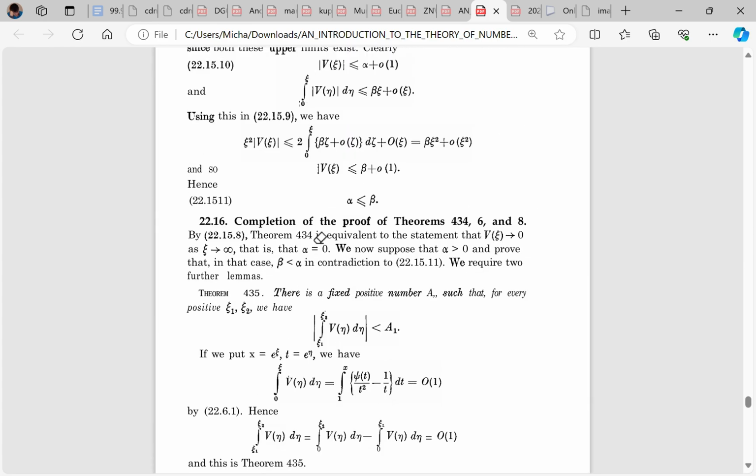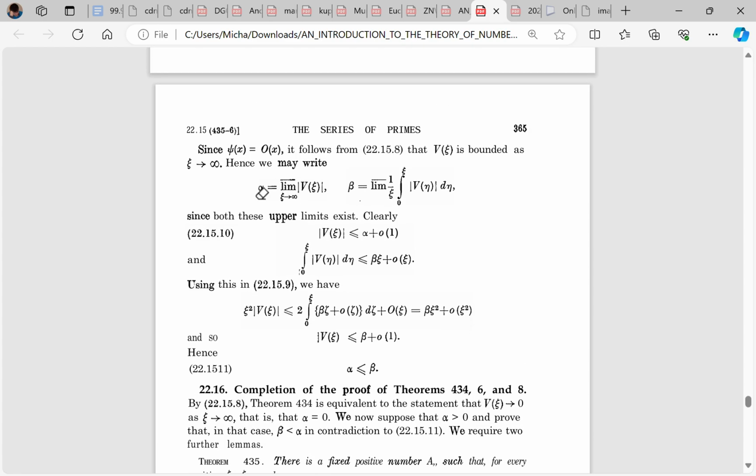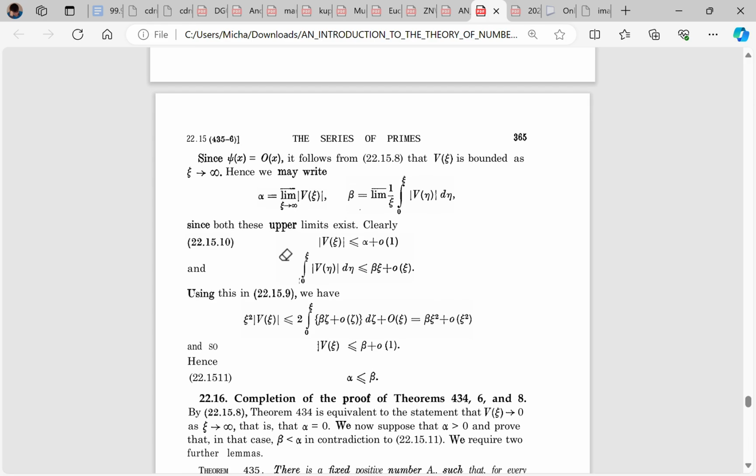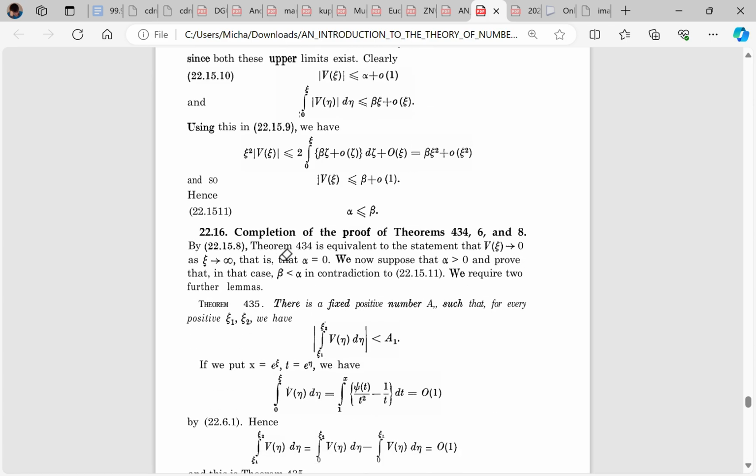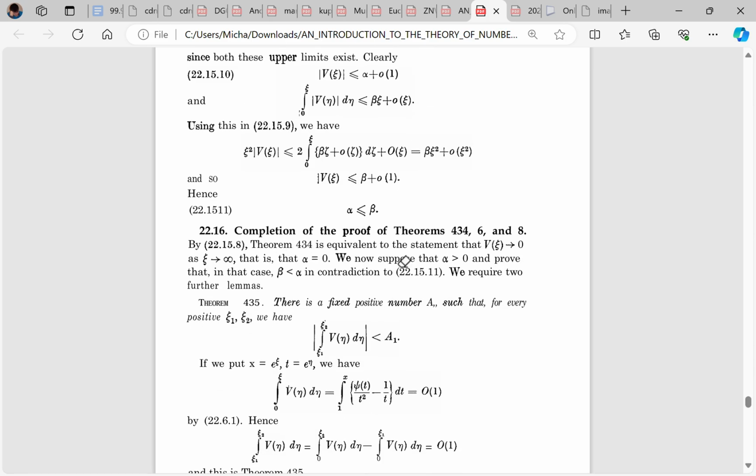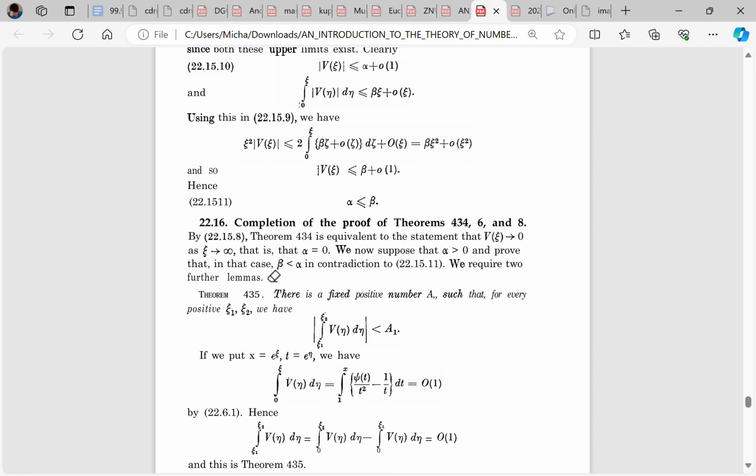Okay, as if alpha equals 0, let's see. Alpha is the lim sup of this V. And we had that if we can show V goes to 0, the limit of the V is 0.